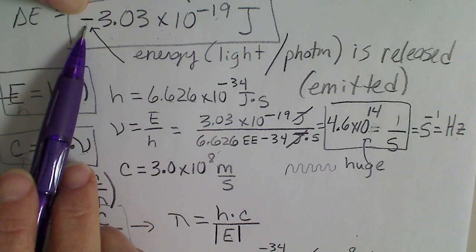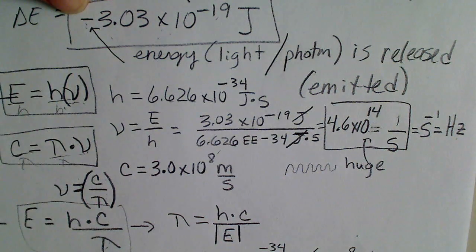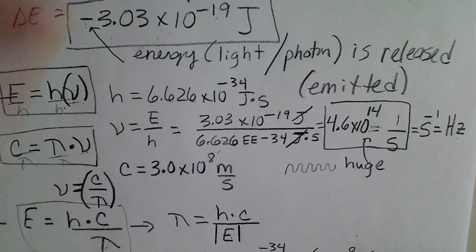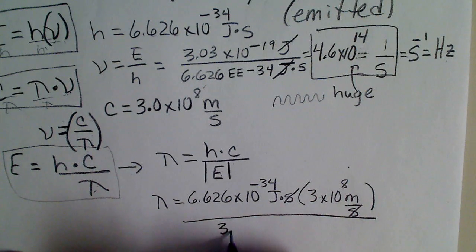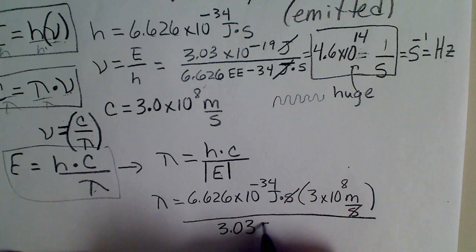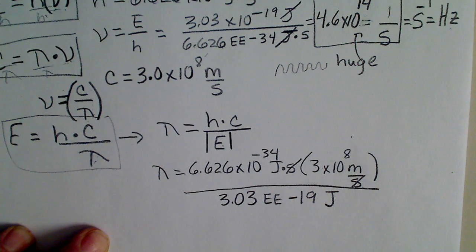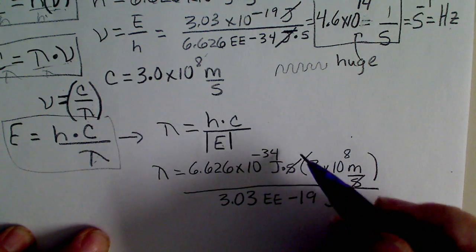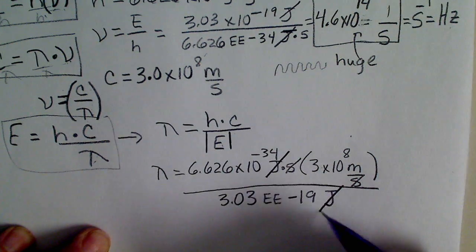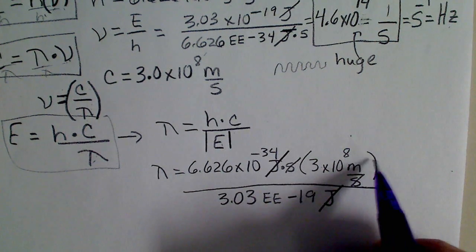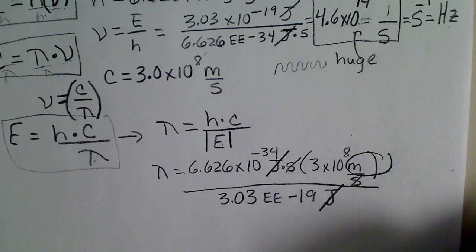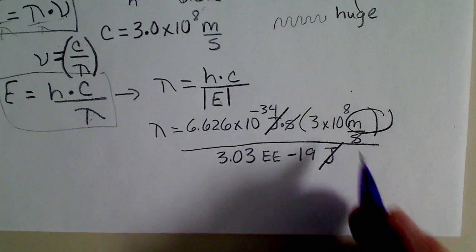The sign of the energy term just tells us if the system is losing energy or gaining energy. So we'll ignore that negative sign, and we'll put E negative 19 joules down here. So again, we're using the absolute value of the energy. Our joule units are going to cancel. So when we do this calculation, our wavelength will be in terms of meters.